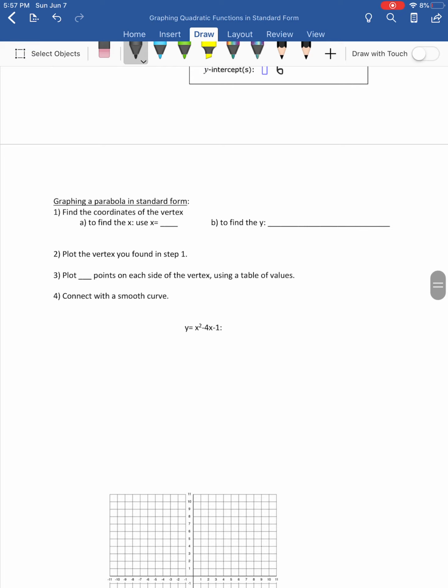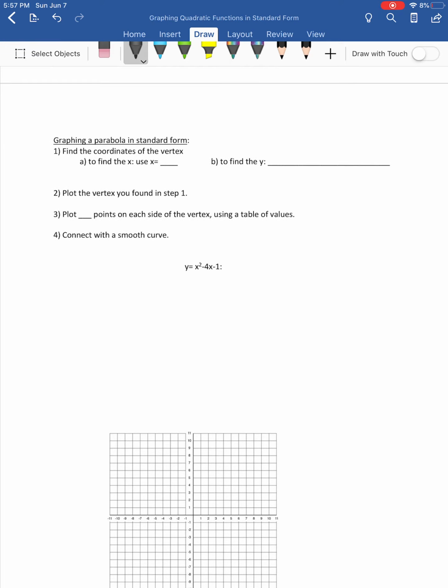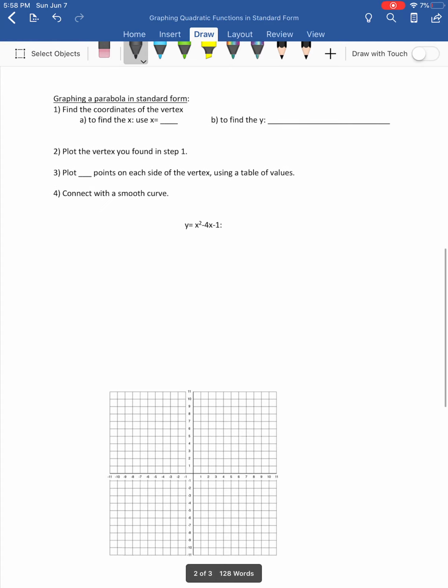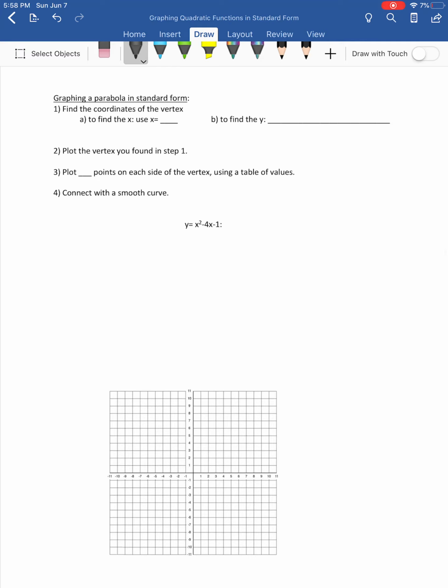Let's go through how to actually graph a parabola. Step one, we have to find the coordinates of the vertex. We have to know where that high or low point on the parabola is going to be. To find the vertex, the first thing you need to do is use this formula, x equals -b over 2a.